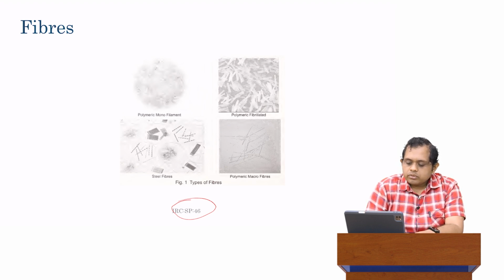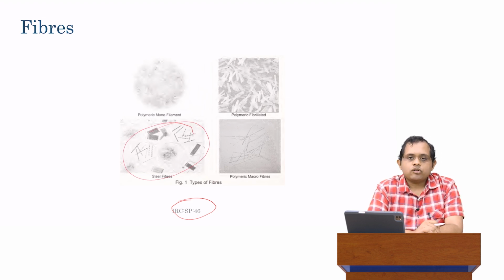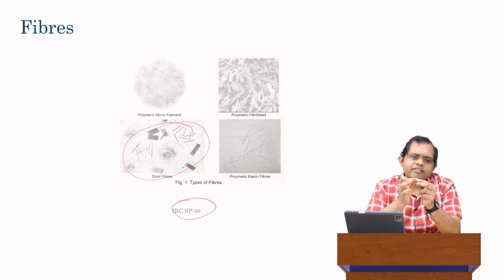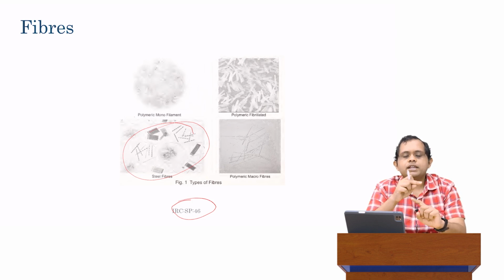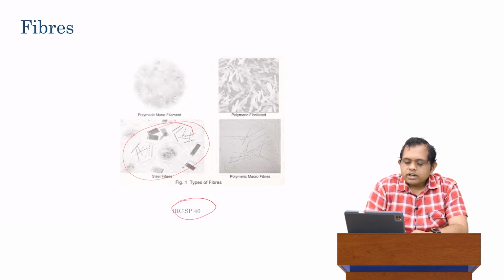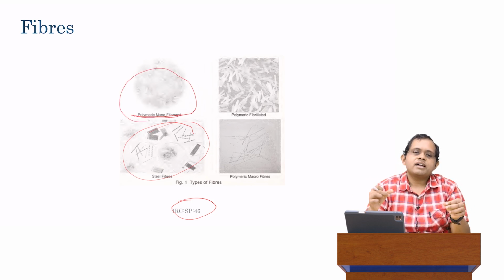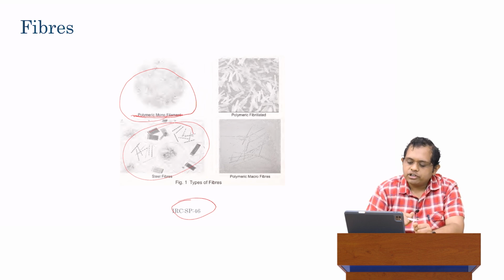Here, the most common one, which I'm sure all of us have seen at some point, is steel fibers. They're very small. You can just hold one up with two fingers, but they're made of steel. They tend to have a shape. They could be plain, they could be crinkled. They have several possible shapes. Then you can have polymeric fibers. You can have polymeric monofilaments, that is, individual threads. That could be, for example, a polymer wool, which could be used for insulation.